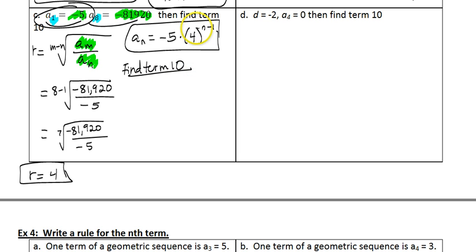So term 10 is negative 5 times 4 to the 10 minus 1 power. So negative 5 times 4 to the 9th.